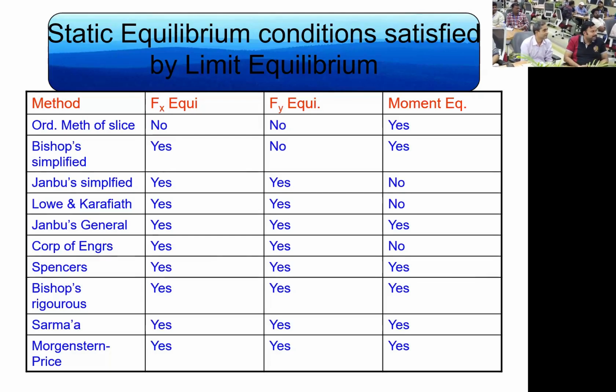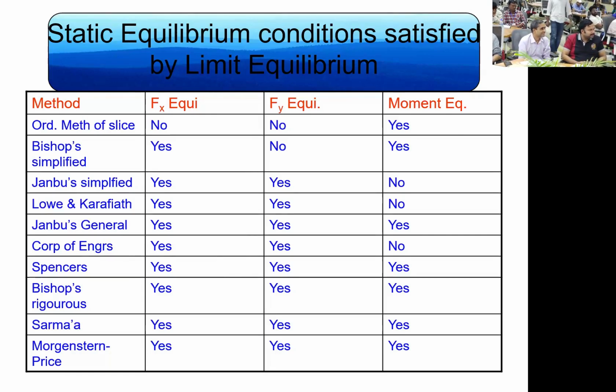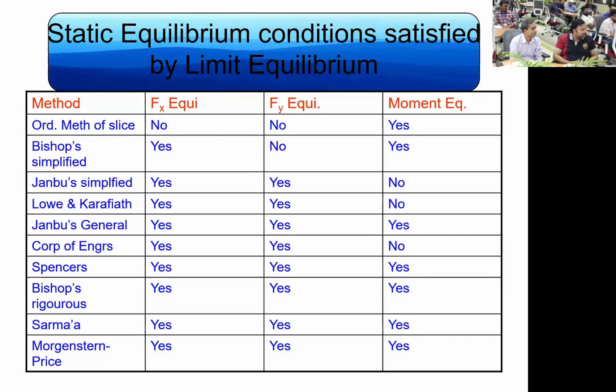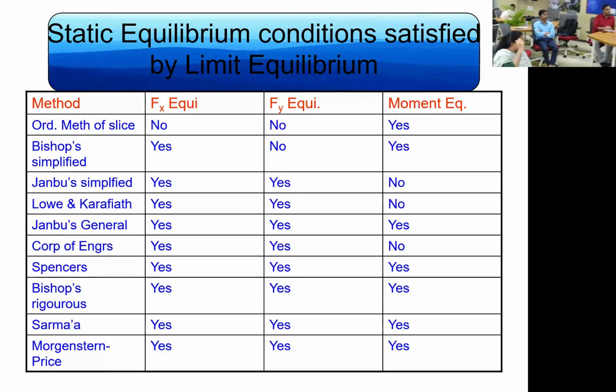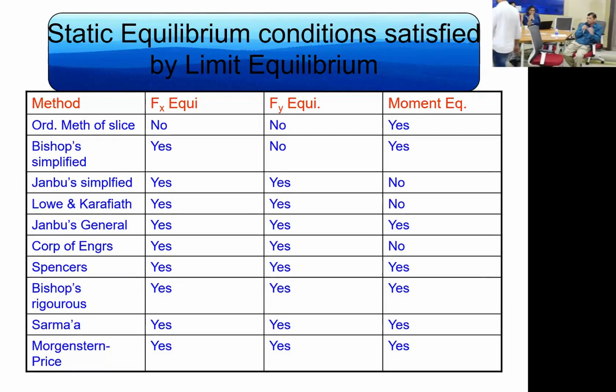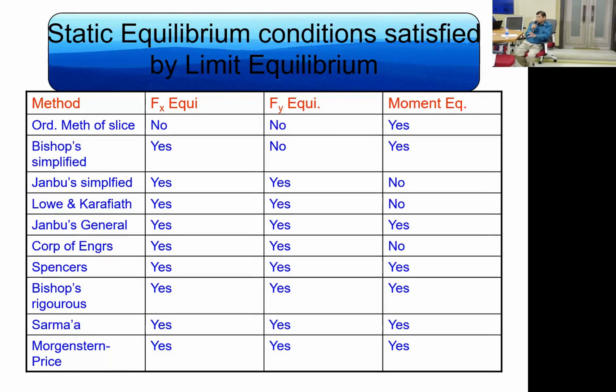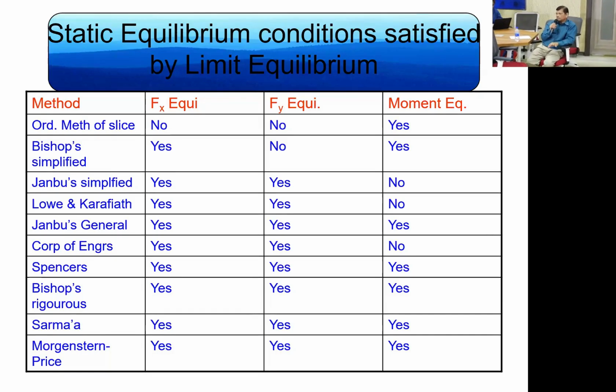I understand that because I have done thousands of these kinds of analyses. Every method has some assumptions. We have to see which is appropriate for our site, because each one has assumptions.